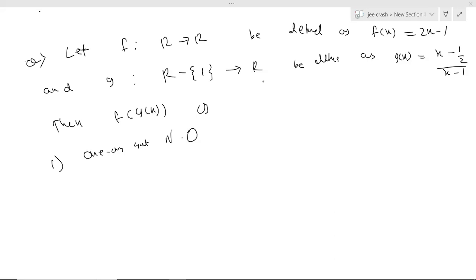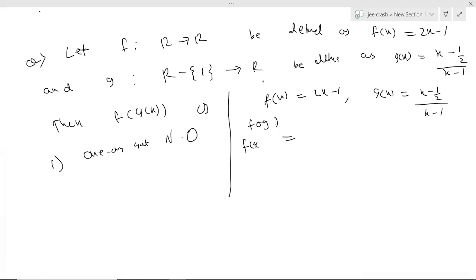Okay, let's see. F of x is 2x minus 1, g of x is x minus half upon x minus 1. We have to find f of g. So let's do this. F of g of x is 2 times, instead of x we are going to put g of x, and g of x is this, x minus half upon x minus 1 minus 1.